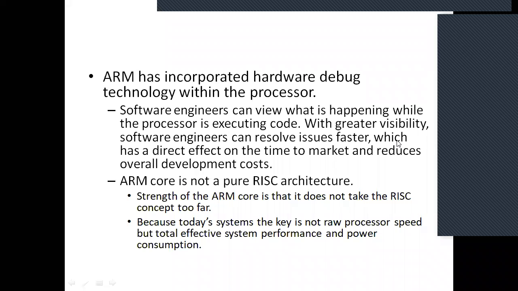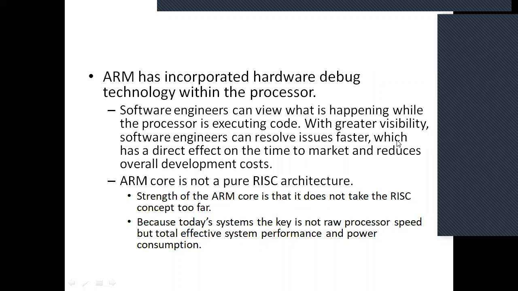Here in this ARM processor, they have included a hardware debugging unit so that the software designer or the programmer can directly view how actually data flows inside the ARM processor with the help of that hardware debugging technology. After designing a software, you will dump the software into your system memory. Then you will start your system to operate.